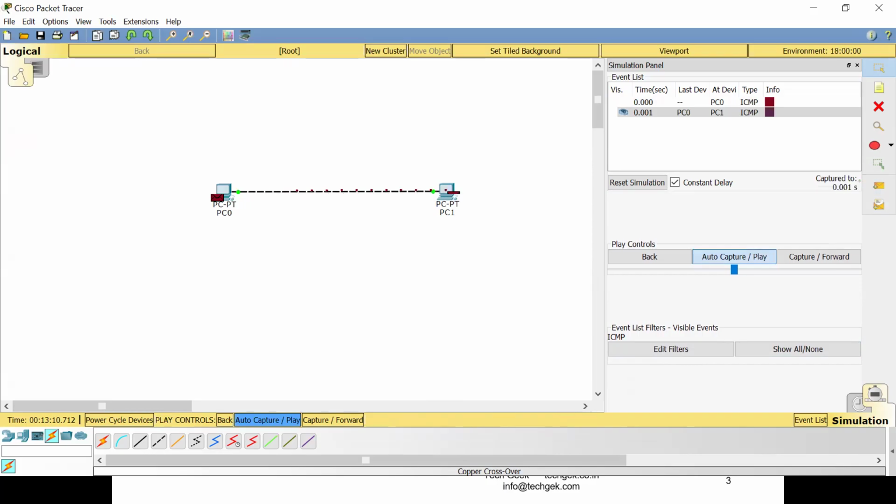The packets are getting transferred between these two computers, and I'm getting a reply back. So I can see that certain transactions happen between these two computers, which I have connected with one cable. This is called networking: the information passing from one computer to another computer, as we have seen.